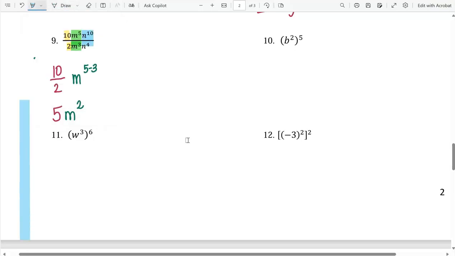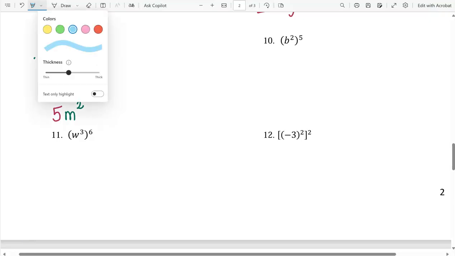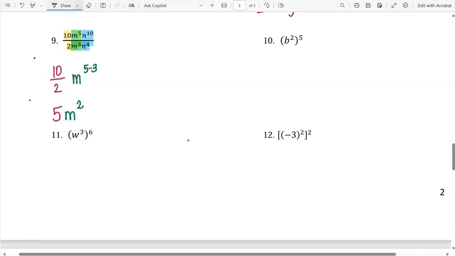And last but not least, I've got my n's. Because those have the same base, I can write that one time and subtract 10 minus 4 on those exponents, leaving me n to the 6th. So the simplified version of this big thing would be 5 times m squared times n to the 6th.